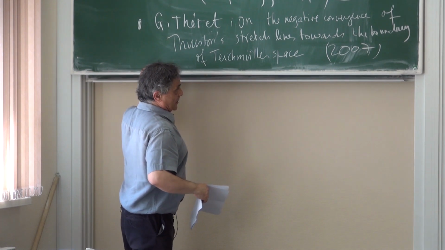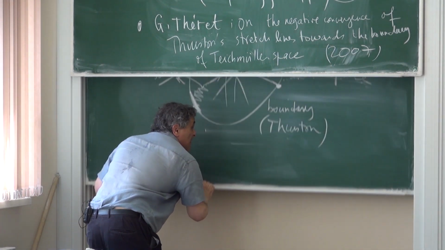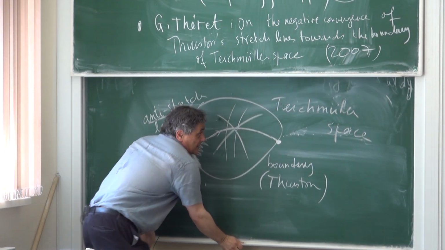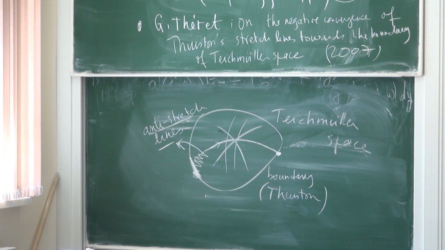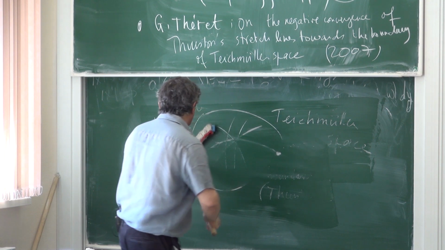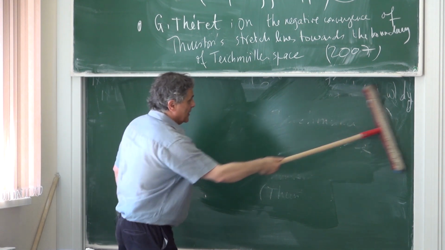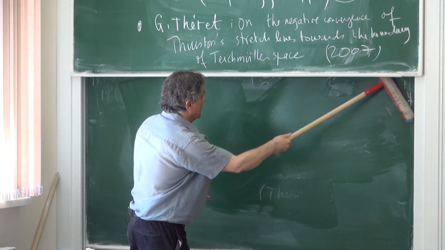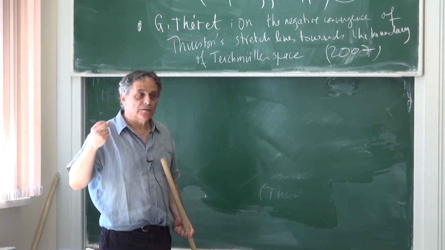Okay, and so it tells you that he is studying the negative convergence, and his result is that when this ideal triangulation itself contains a measured lamination which carries a measure of finite support.